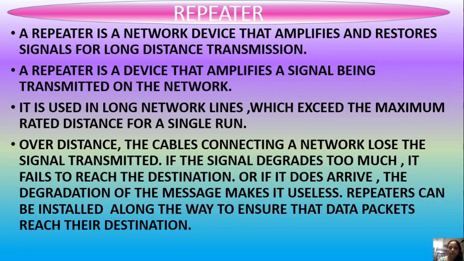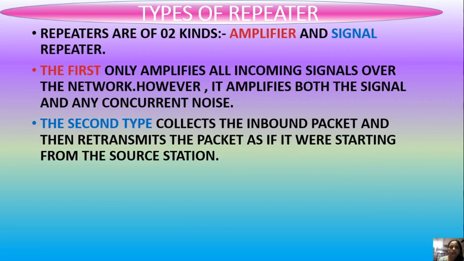Now, types of repeater. Here you can see repeaters are of two kinds, amplifier and signal repeater. The first one, the amplifier repeater, only amplifies all incoming signals over the network.